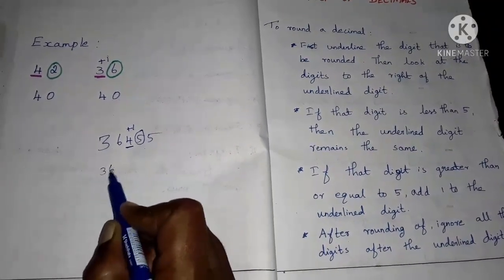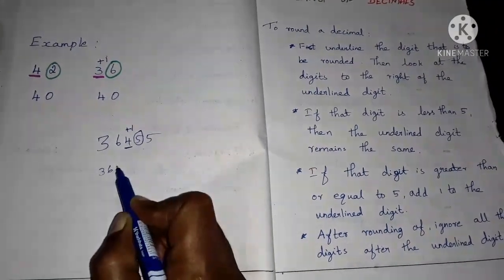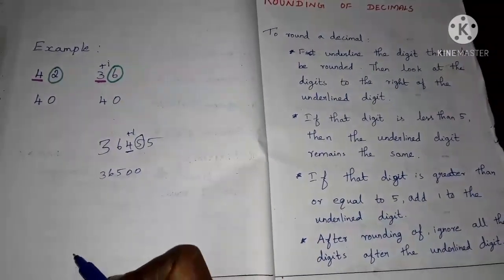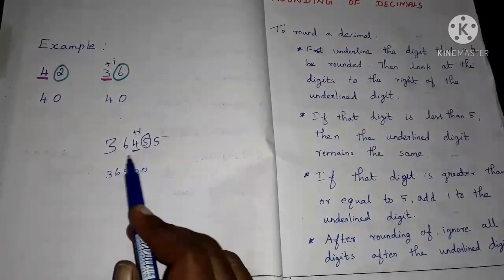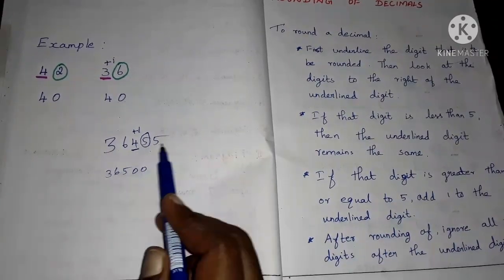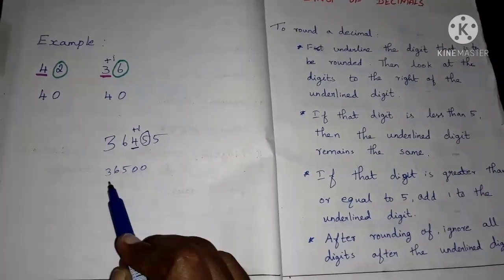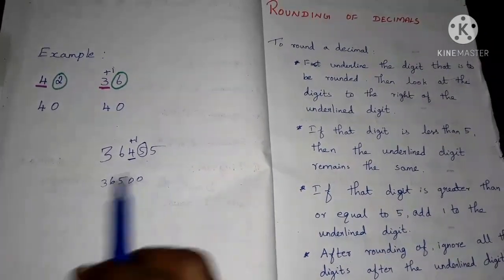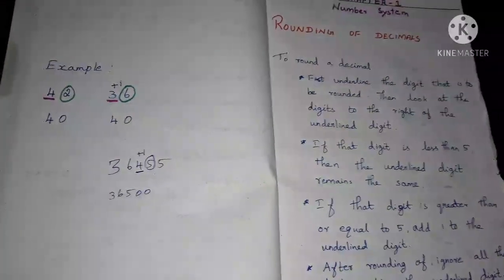Now 364 plus 1 is 365, and all the remaining digits are 0. So the rounded value of 36,455 is 36,500.